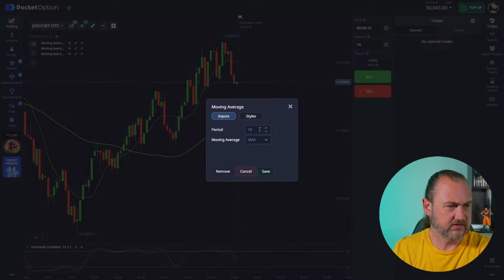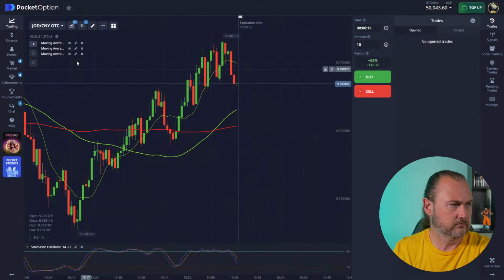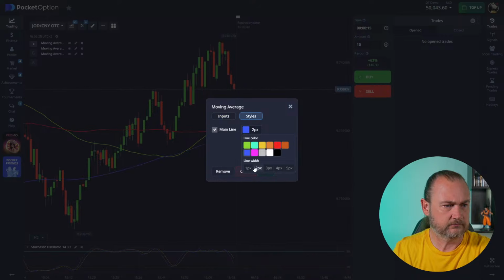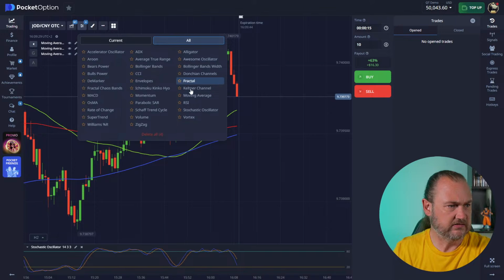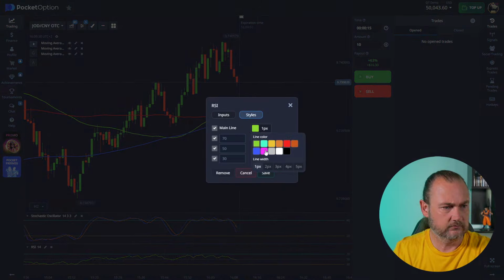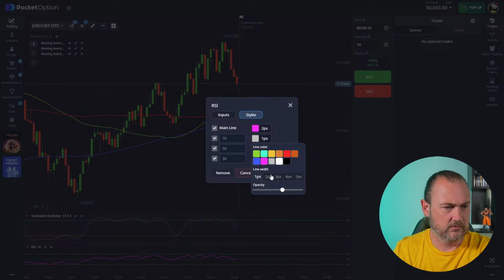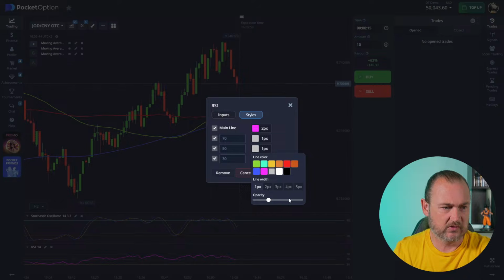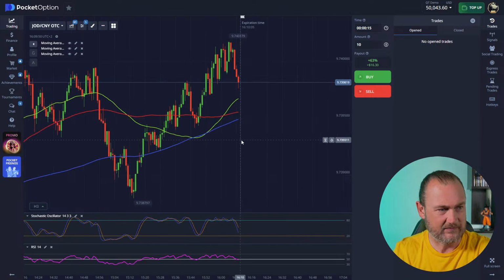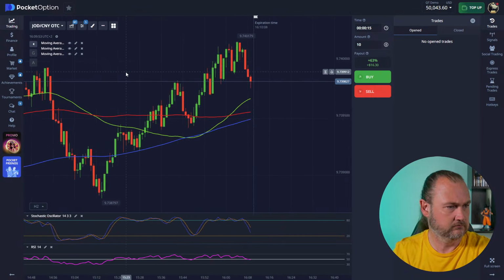We don't need to put too much on. I do have a stochastic. Let's get an RSI on there. My apologies, I did not realize that my demo account would not have any indicators on it. Okay, yeah, this should do. All right.